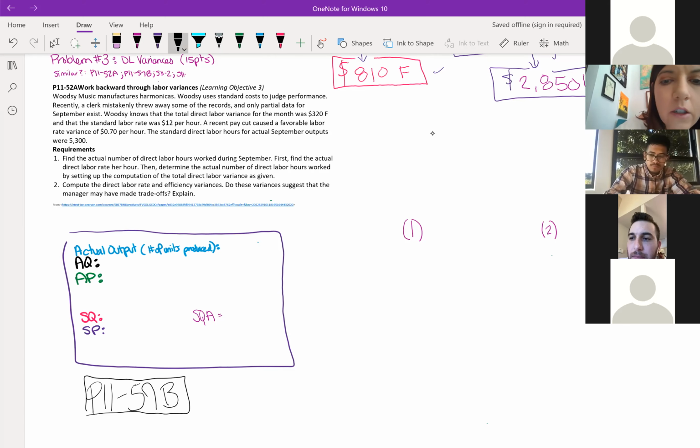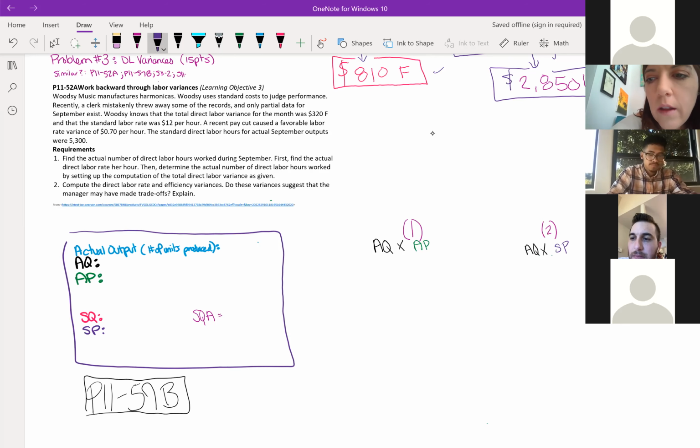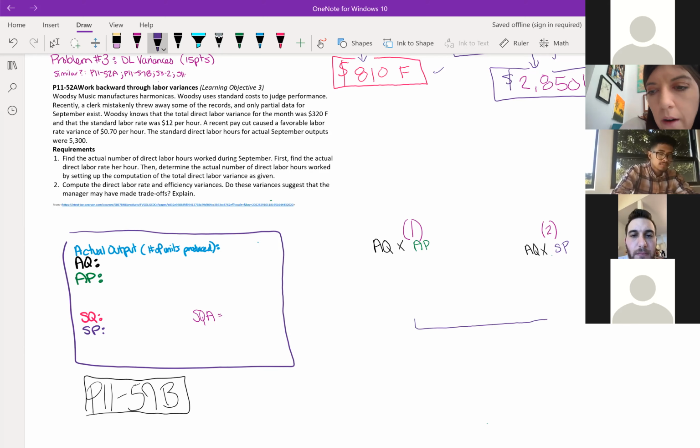So we have actual quantity times actual price. Under number 2, we have our actual quantity times our standard price. And under number 3, we have our standard quantity allowed at our standard price. Comparing 1 to 2, we're calculating our direct labor rate variance.